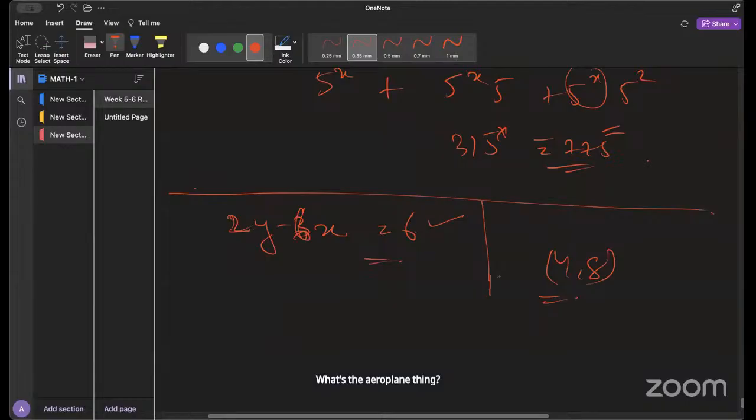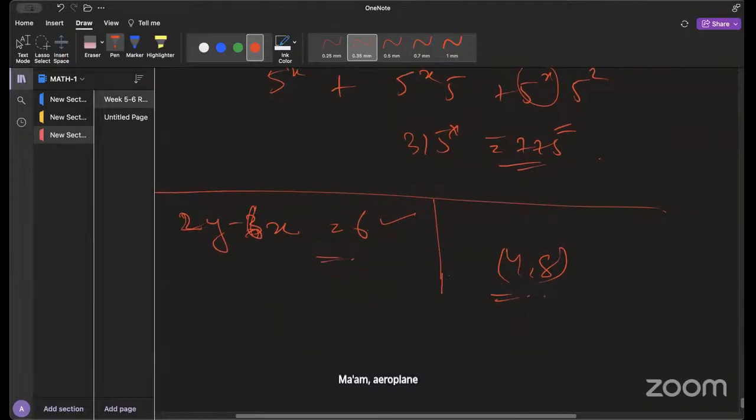Aeroplane slope is 2 and passes through the point 4, 8. No, don't tell me the slope. Tell me the exact question that's written. Let alpha beta be the point where the bird and the aeroplane can collide. Find the value of alpha plus beta. Start from after this equation that's given.